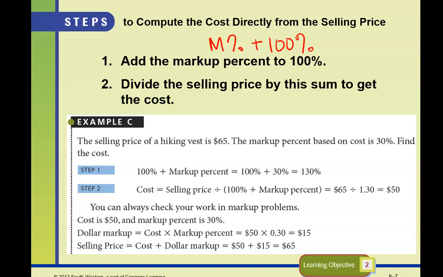The selling price of a hiking vest is $65. The markup percent based on cost is 30%. To find the cost, we first add 100% plus the markup percent, which gives us, in this case, 130%. The cost is the selling price of $65 divided by 130%.